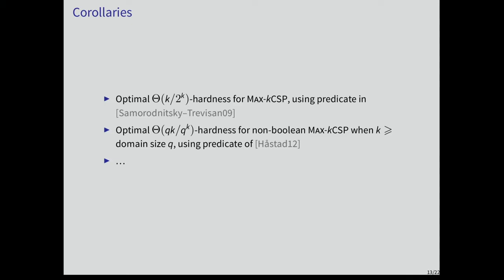And similarly, even though this talk will focus only on the Boolean case, everything I said has an analogous version in the non-Boolean setting. And so you also get the optimal hardness result for CSPs when players' replies are not Boolean. And there are a number of other applications also.